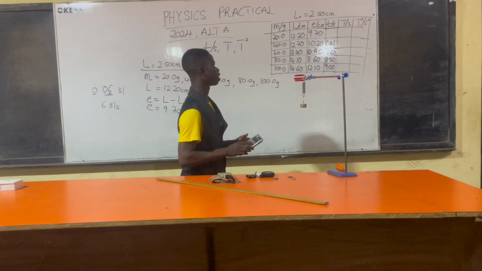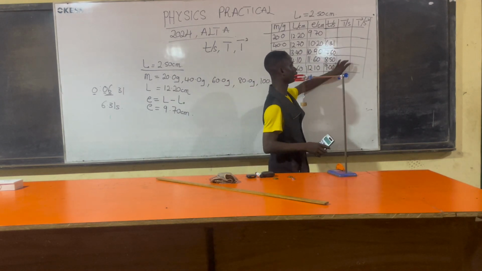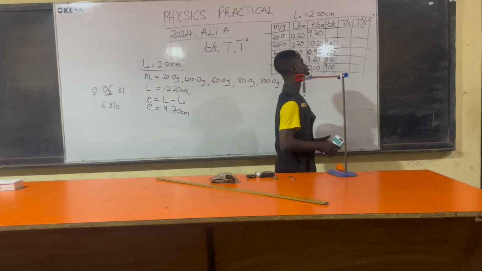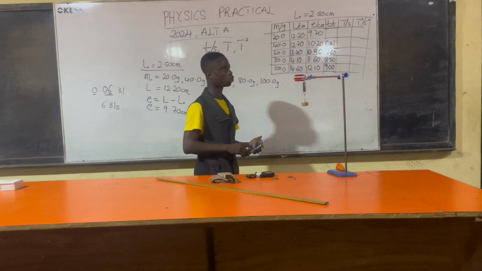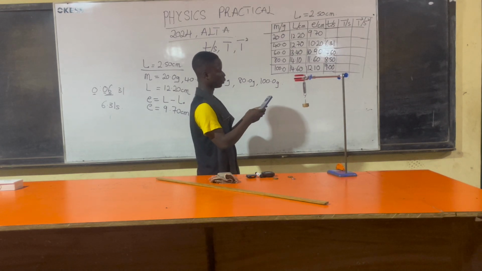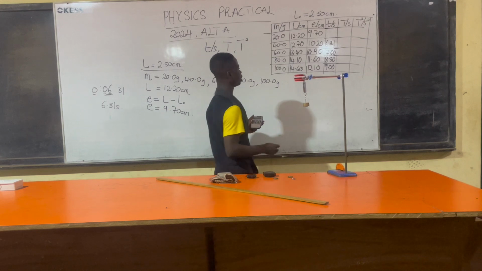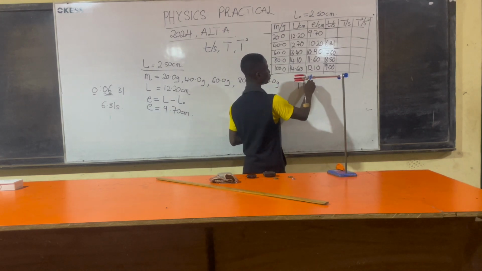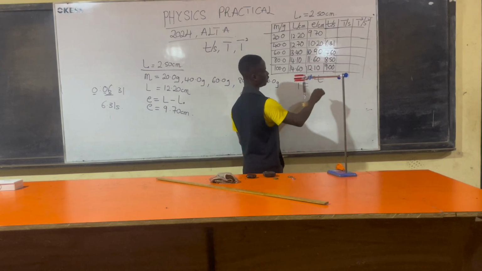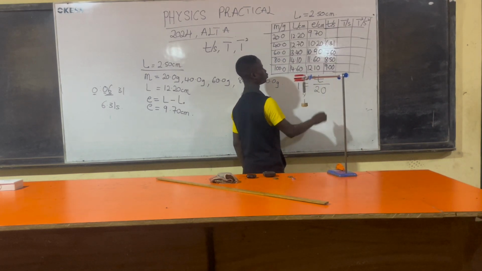The rest is calculator work. Then you find your period for each oscillation, then after that, you square the answer. So for mass 40, we have 6.31, and the period of oscillation T is equal to the time to complete the 20 oscillations divided by the number of oscillations, which is 20.